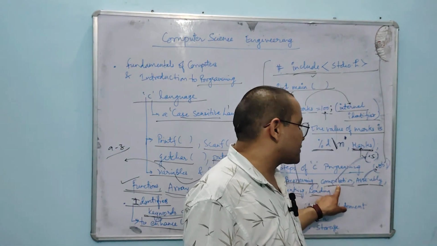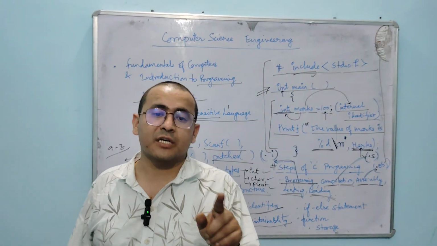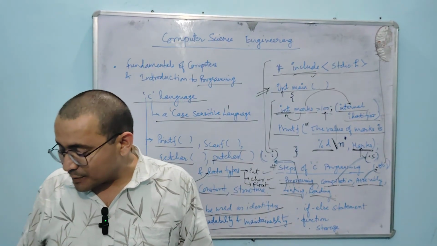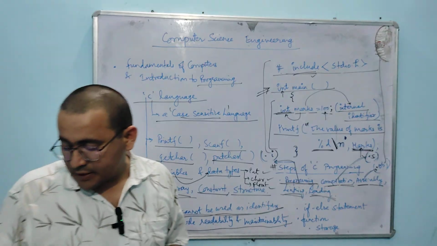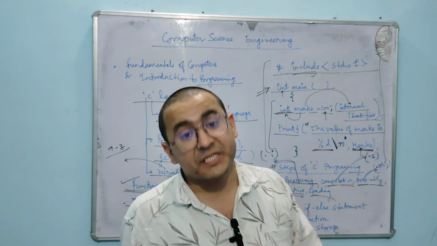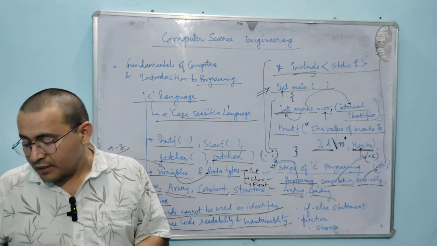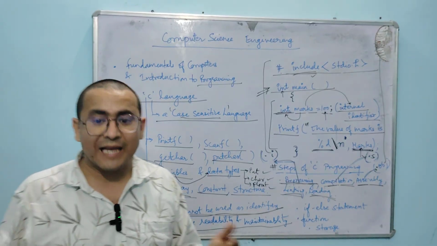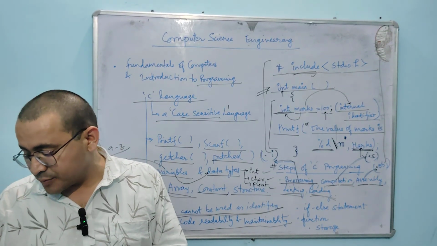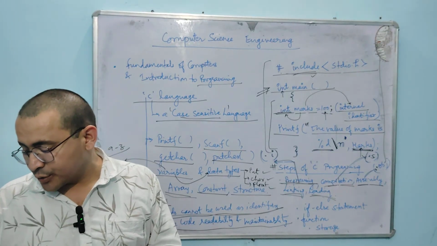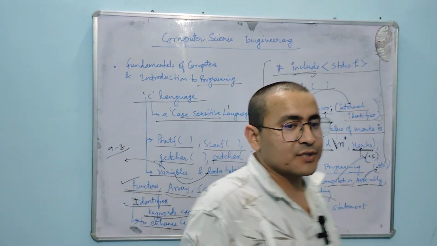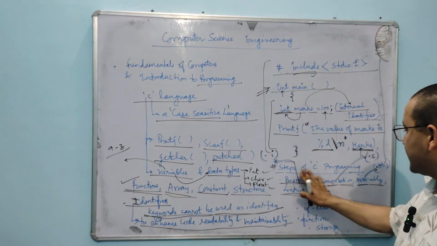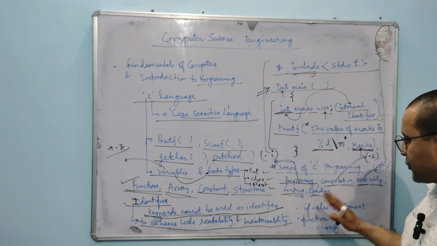Then the assembler converts the assembly language into machine language. After that the linker combines the object files plus necessary external libraries. And loading and execution: the loader loads the executable file into the main memory. So that is the main thing about loading. Here we have the different steps of C programming or any programming.